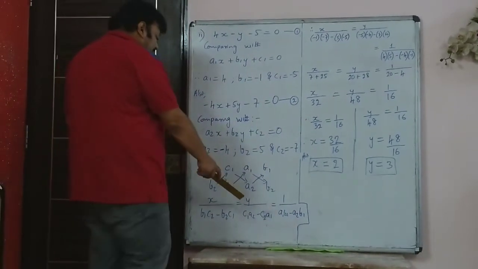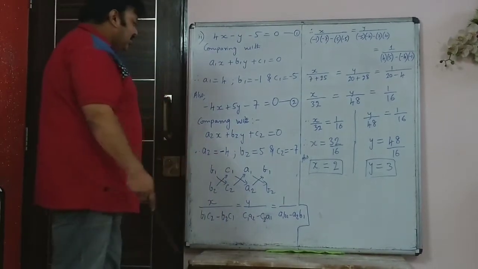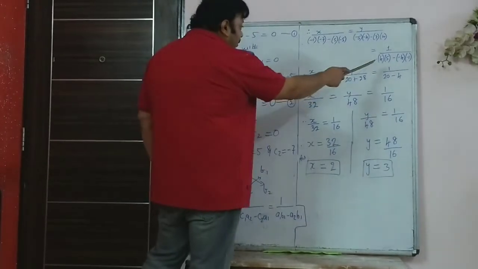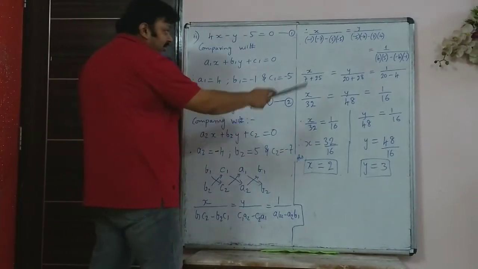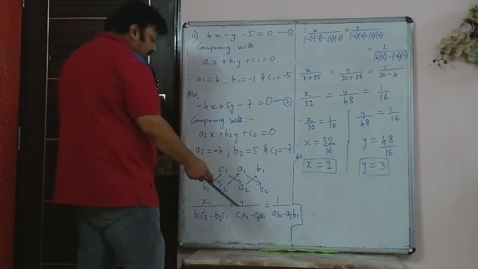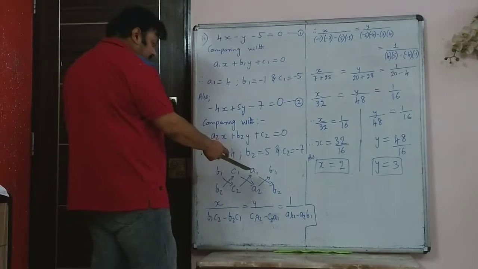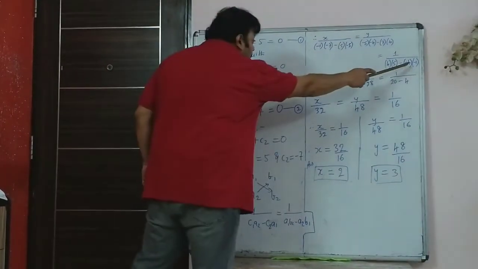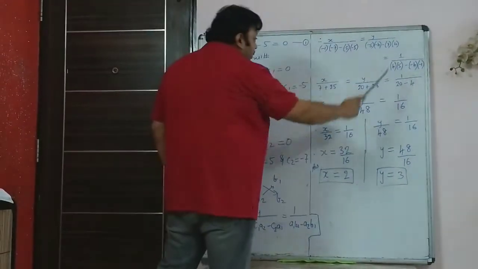So that is minus c2 a1. And then you have the last term, that is a1 b2. a1 into b2, a1 is 4 and b2 is 5. And then minus of a2, which is minus 4, and b1 is minus 1.